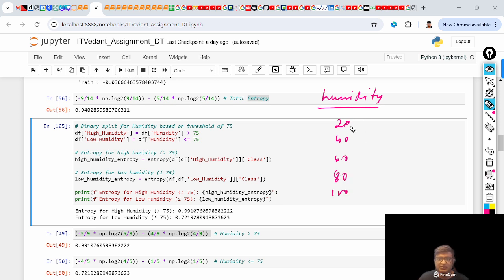Now, which element to be selected? It does a rolling average. It finds the average between these two, then between these two, and so on, and then for each individual average value, whatever the values are.